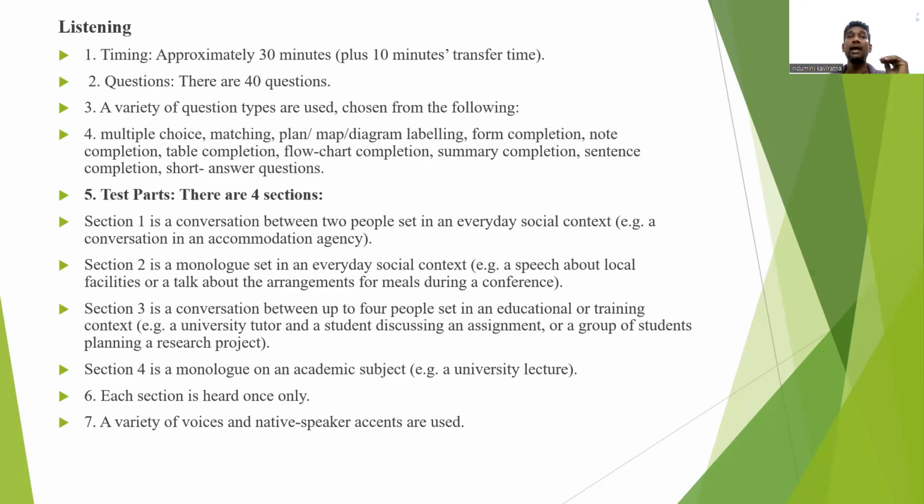And when it comes to section 3, it is a little more difficult, a higher standard, because nearly 3 people are talking. So you need to pay attention to the accents of nearly 3 people. And finally, section 4 is again higher than section 3. Actually, that's the difficult section.